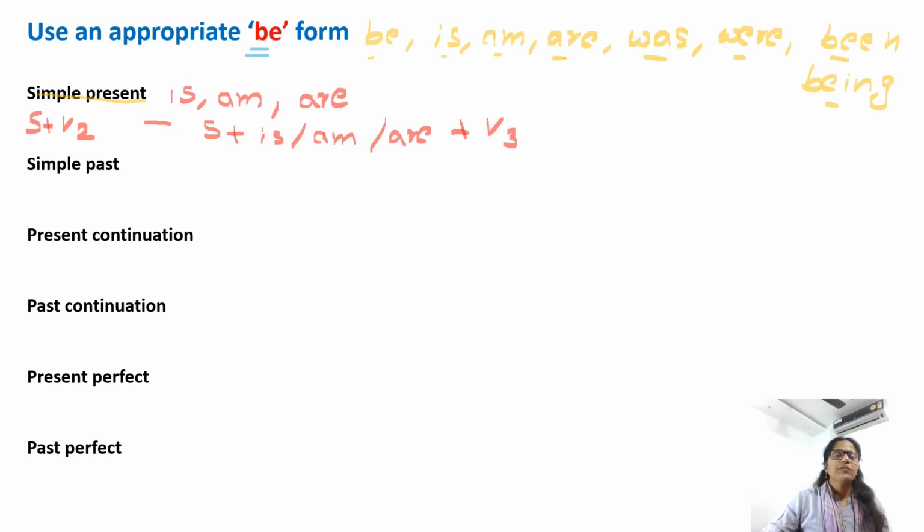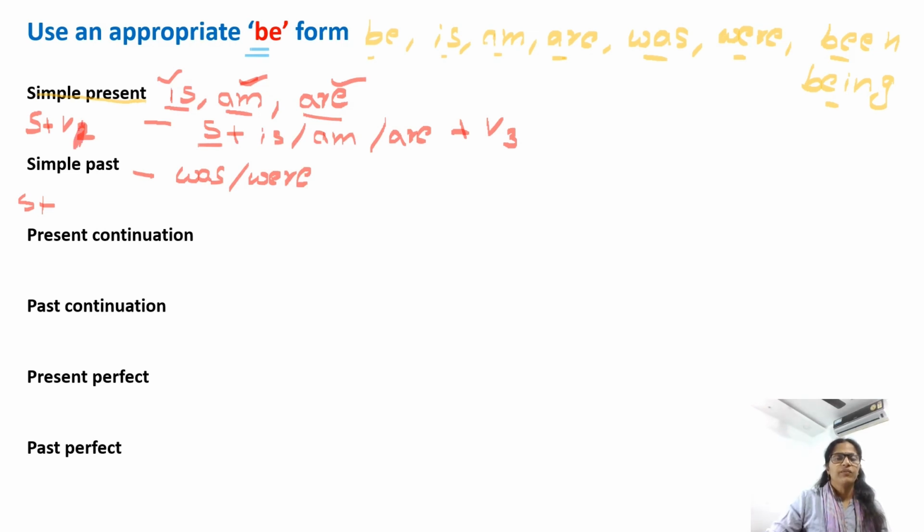Now, which one to use? It is based on the subject. If the subject is singular, we have to use is. If the subject is plural, we have to use are. If the subject is I, we have to use am. Sorry, my mistake here. Here it is not V2, it is V1.